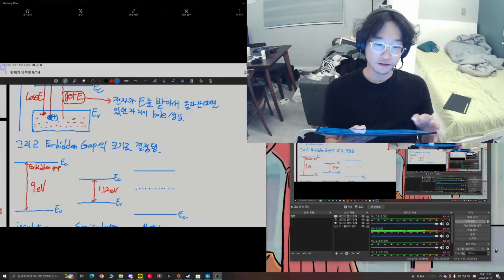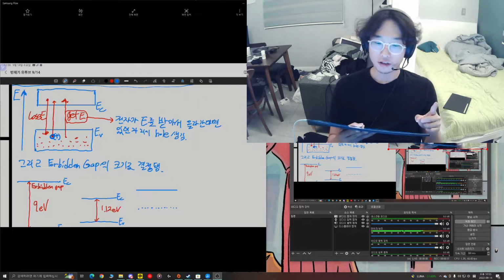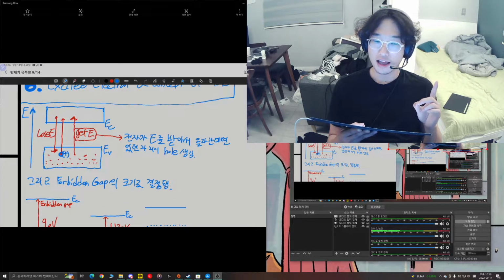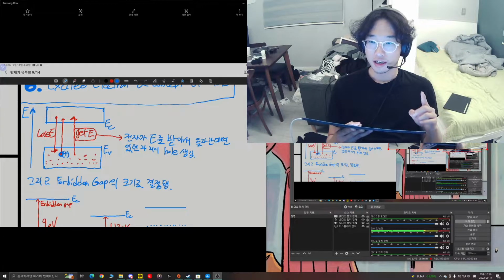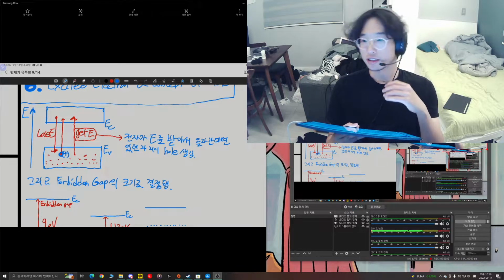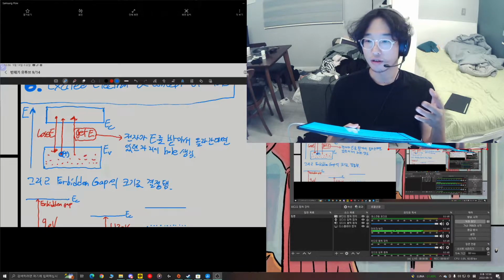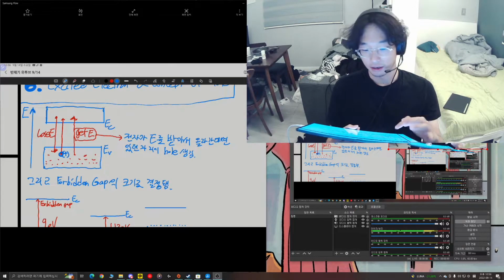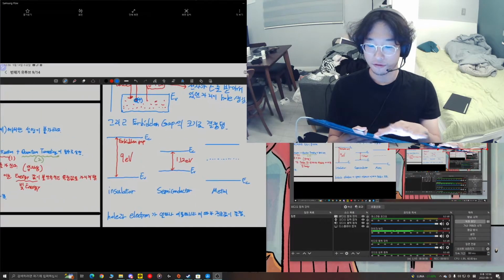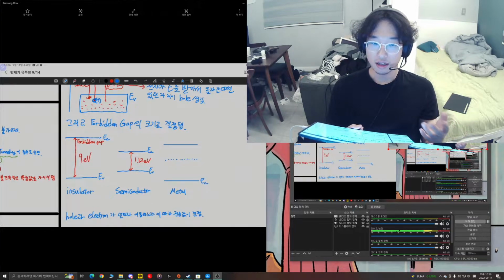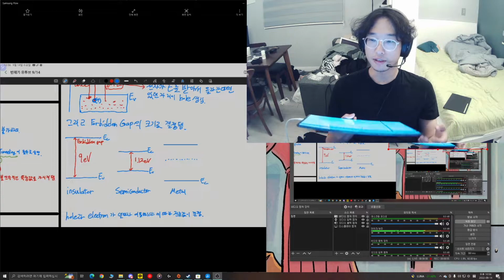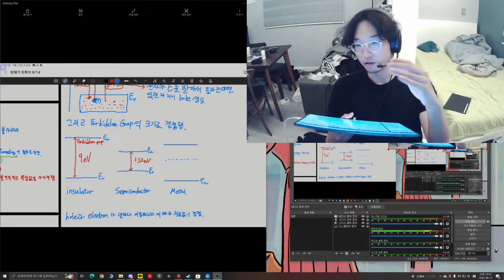If the electron gets energy but less than the forbidden gap, then it cannot go up to the conduction band. But if the electron gets more energy than the forbidden gap, then it can go up to the conduction band.